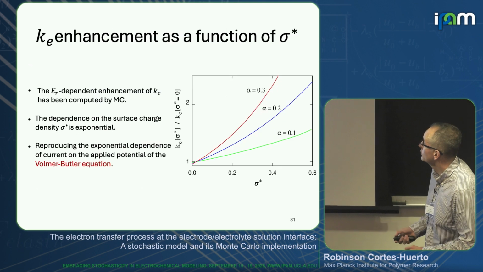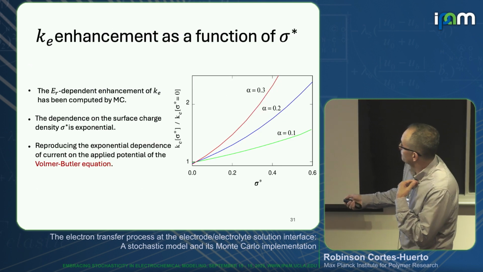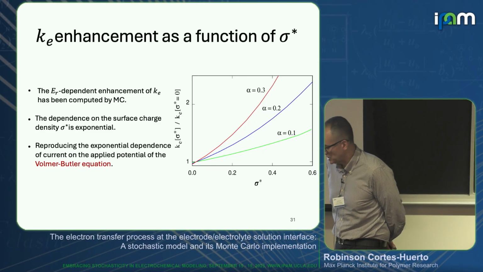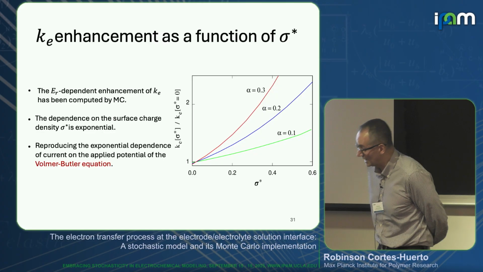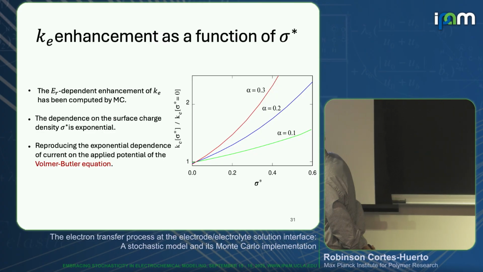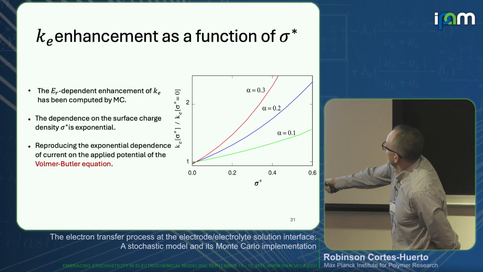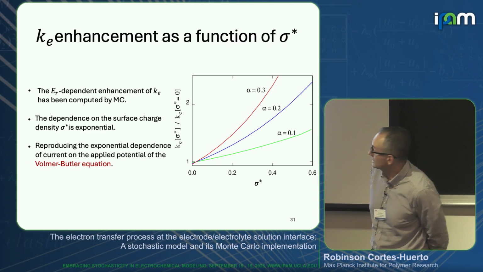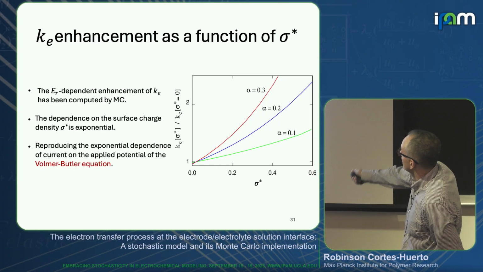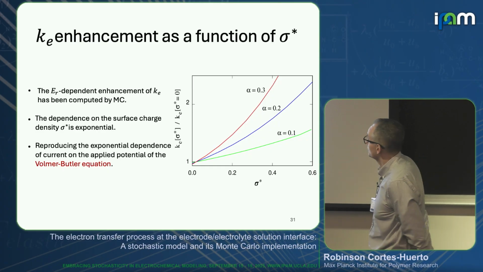Now, we can compute the dependence of this quantity on the surface charge of the electrode using the previous expression, and we plot it as a function of the surface charge of the electrode. Then we see that there is an exponential dependence between these two quantities.